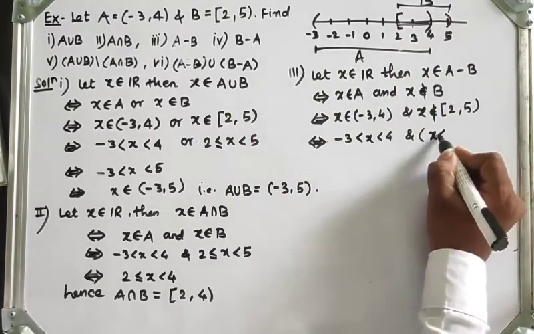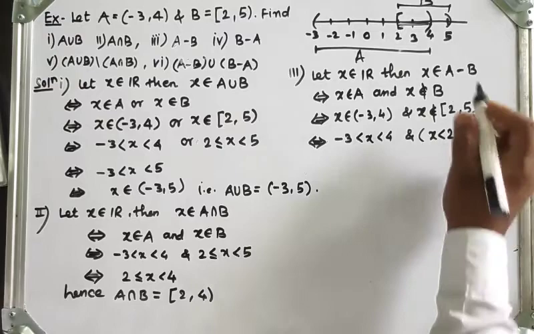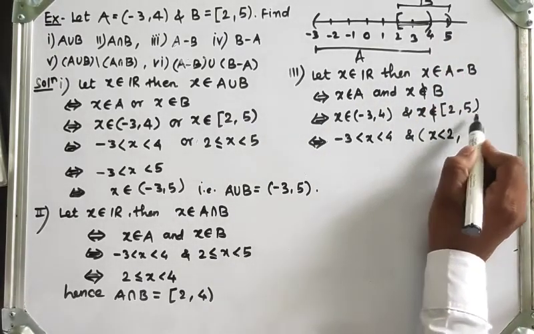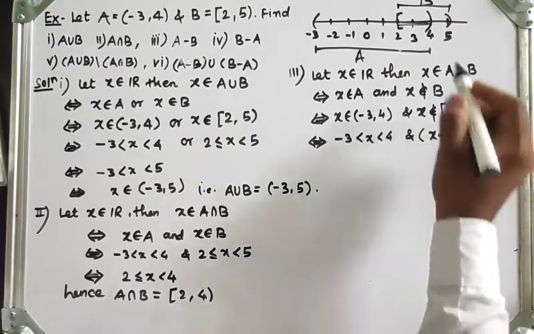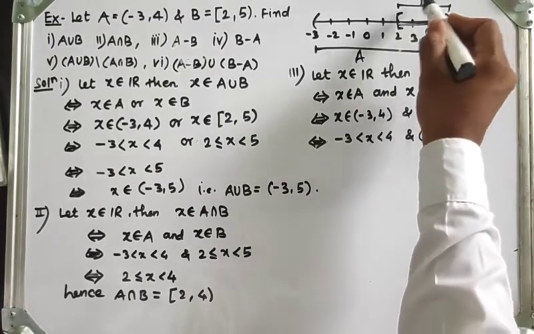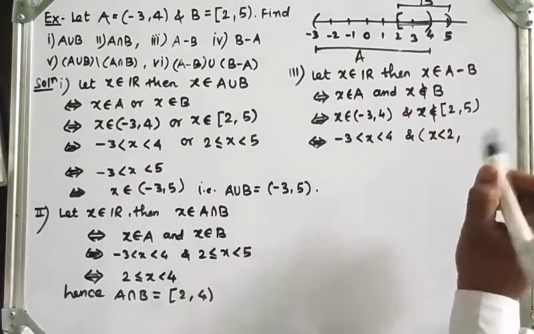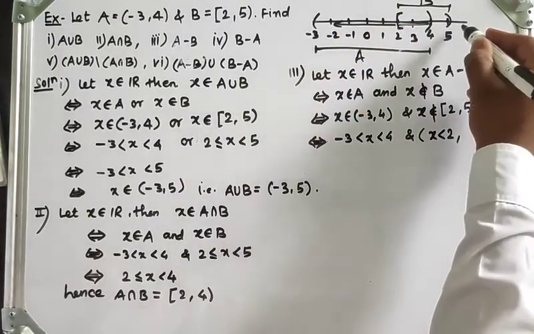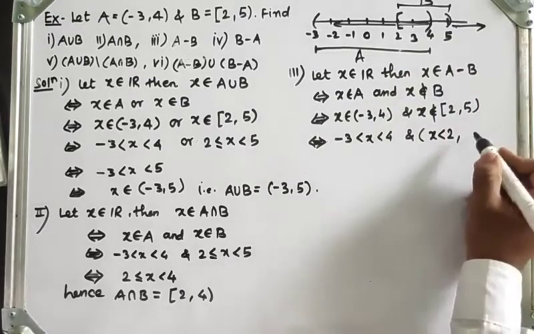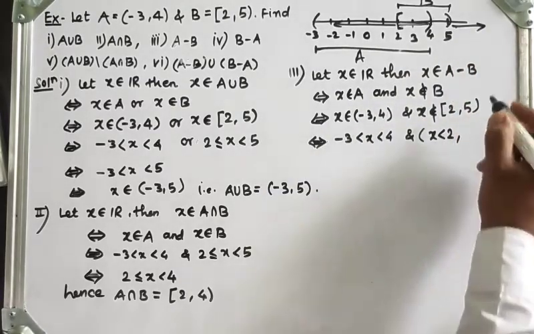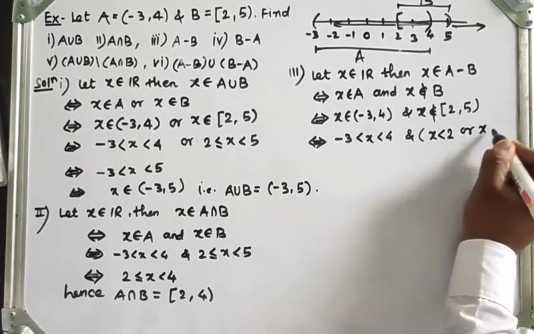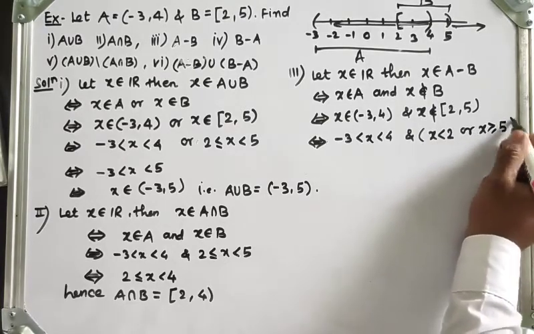So x should be strictly less than 2, since x does not belong to 2 to 5, meaning the value of x should not be in 2 to 5. So x strictly less than 2, in this direction, or x greater than or equal to 5, right? x less than 2 or x greater than or equal to 5, right?